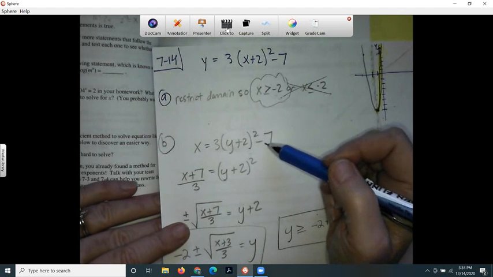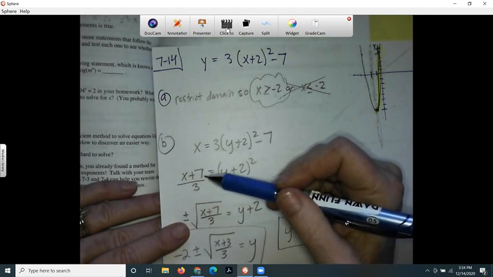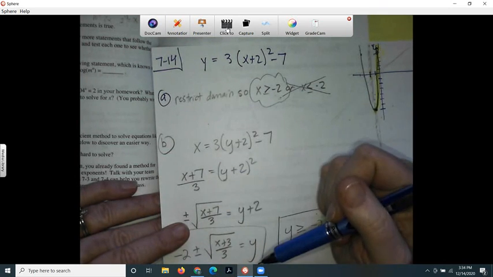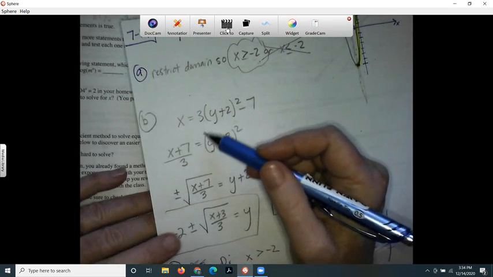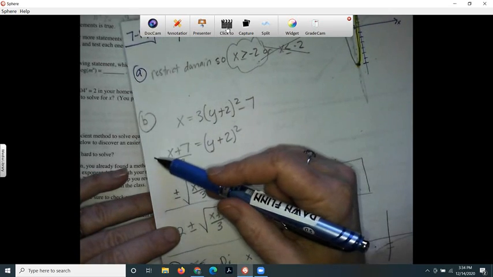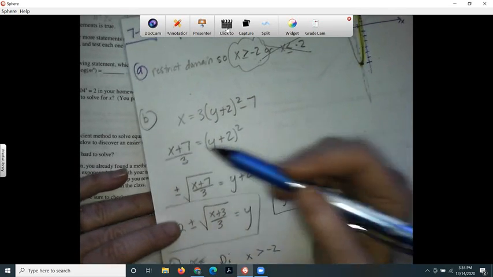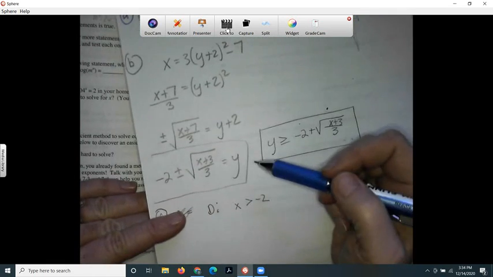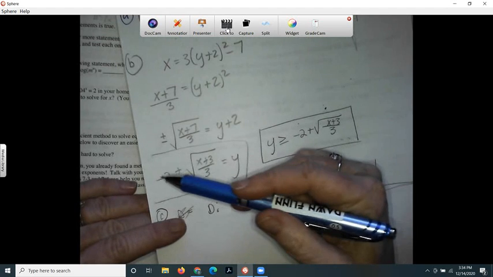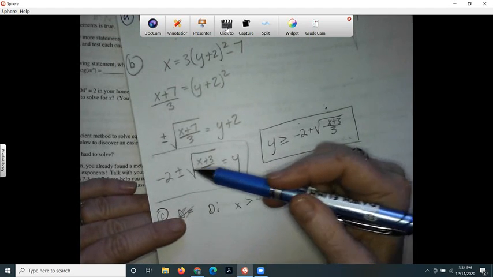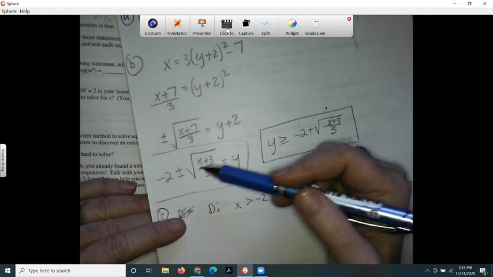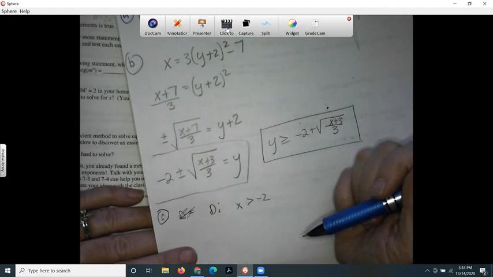I added 7 to both sides, divided both sides by 3, and then I square rooted both sides, and you know we get the plus or minus when we square root. Then I subtract 2 from both sides, and I get y is equal to -2 plus or minus the square root of (x plus 7) over 3.